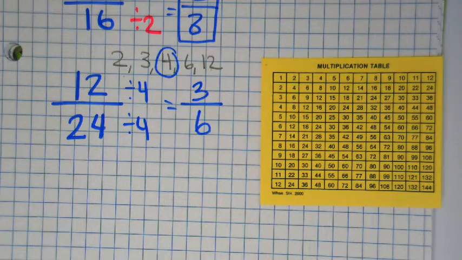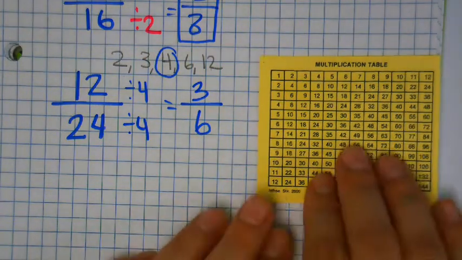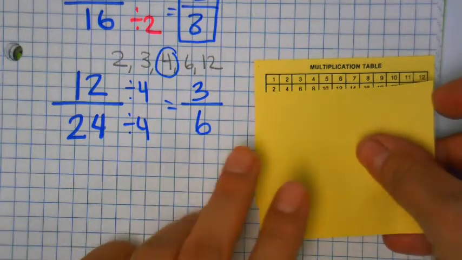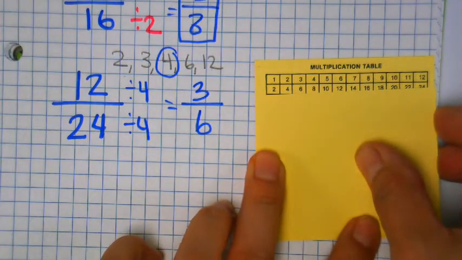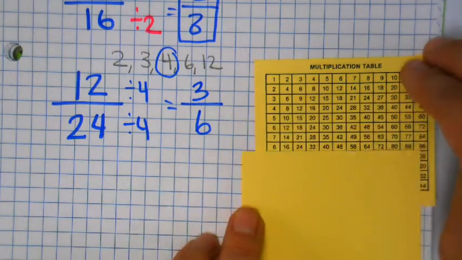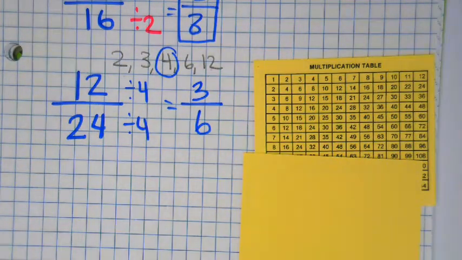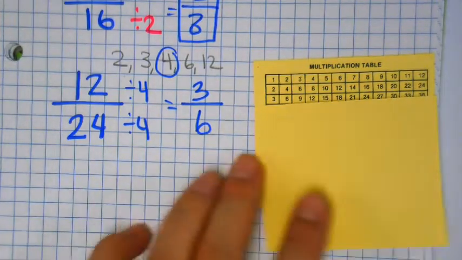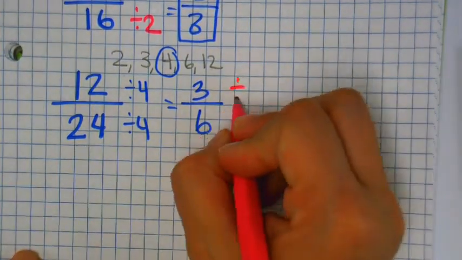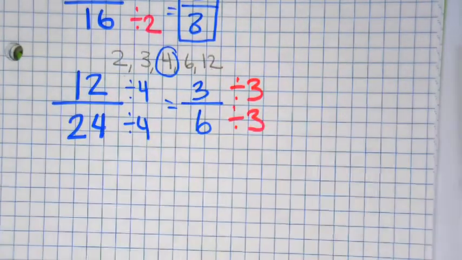Can I simplify 3 and 6? Yes. What can I divide 3 and 6 by? 2. Okay, so on the number 2, do you find a 3 in there? No. Where do I find the 3 and the 6 on the same line? On the 3. I see 3 and 6. So I can divide this by 3.